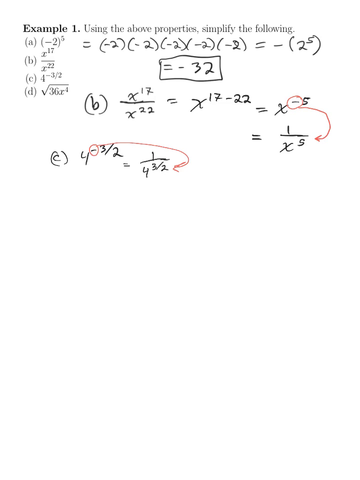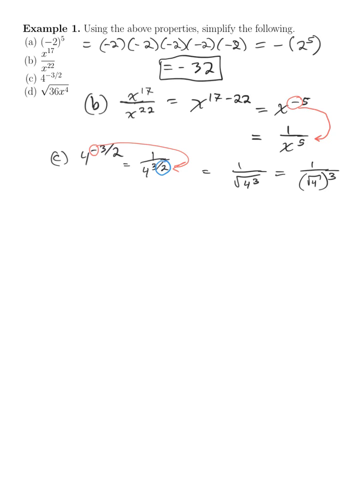And I'll just go ahead and remind you that the half part there means that you're taking a square root. And so this is 1 over the square root of 4 cubed. Or you can also do it another way, it doesn't matter. You can say this is 1 over the square root of 4, and then have the cube on the outside.